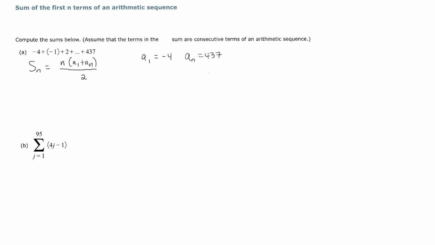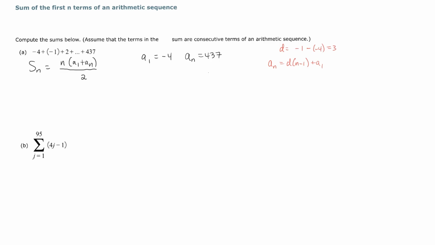Well, the arithmetic difference here is 3. You could see that because you could take 2 consecutive terms, negative 1 and subtract negative 4, and you realize you get 3. And we know the general formula for the arithmetic sequence is going to be d times n minus 1 plus a sub 1.